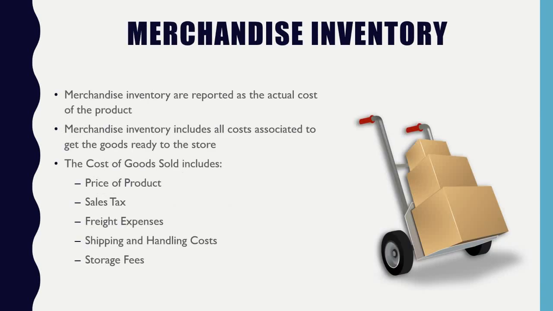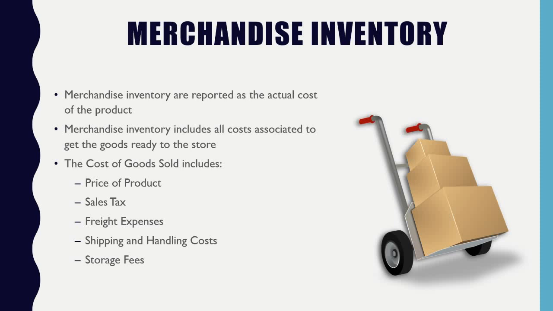All right. So let's go ahead and talk about what is going to be considered part of the cost of purchasing inventory. Because once we determine what the cost of inventory is, that's where we can determine what our selling price is, because the selling price must cover all costs of getting the product plus a certain percentage of profit.